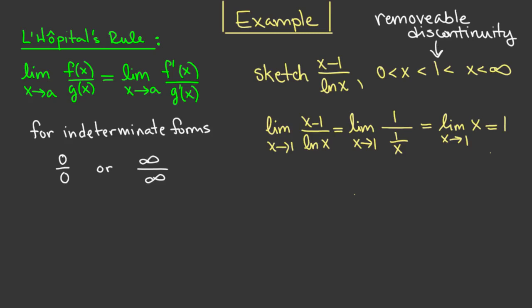Next, let's look at the endpoints. So we want to evaluate what happens as x tends towards infinity. At infinity, this is an indeterminate form of type infinity over infinity, so this is a candidate to apply L'Hopital's rule version 2. So this limit is going to be equal to the limit as x approaches infinity of the derivative of the numerator over the derivative of the denominator, which of course we just computed, and we saw that it simplifies to x.